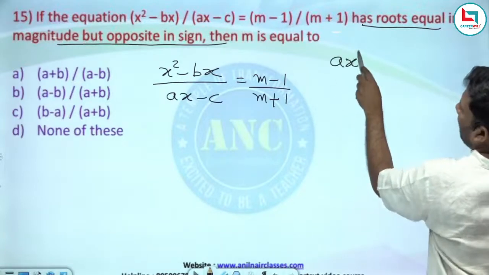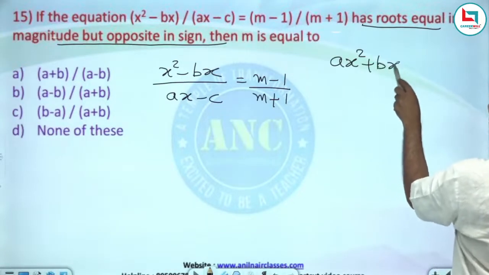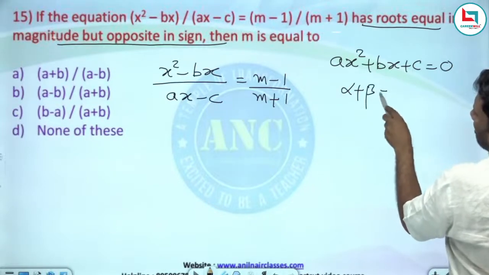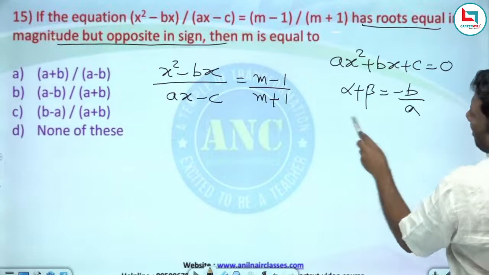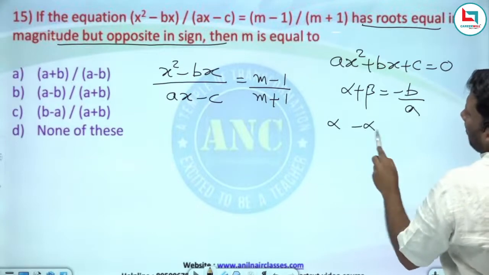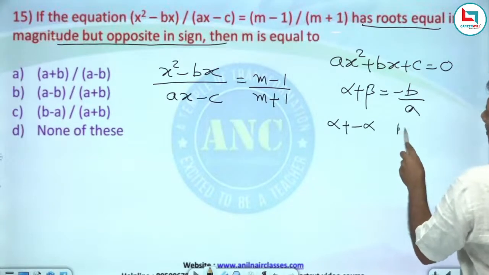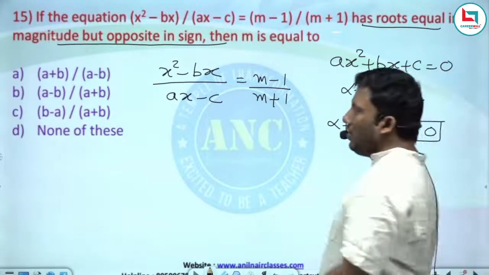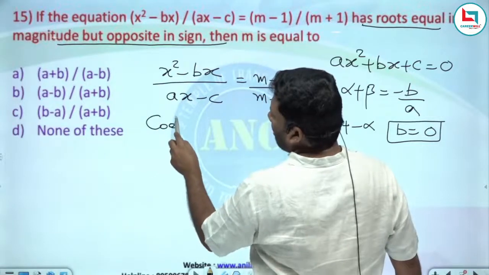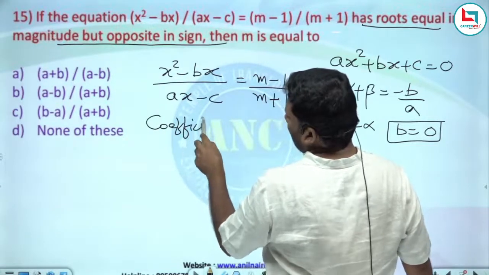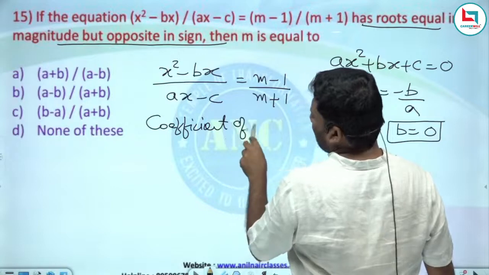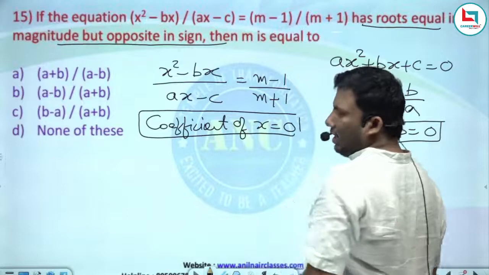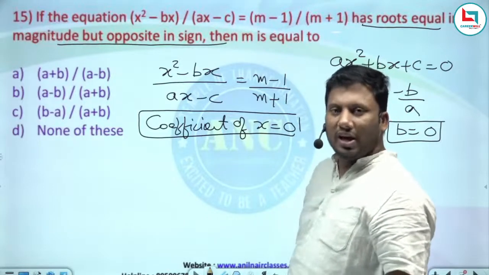If the generic form of quadratic expression is ax square plus bx equivalent to 0, sum of the roots is given by minus b by a. Roots are equal but opposite in sign. So that means b is equivalent to 0. What is b value? Coefficient of x. Coefficient of x is equivalent to 0. I hope the idea it is clear.